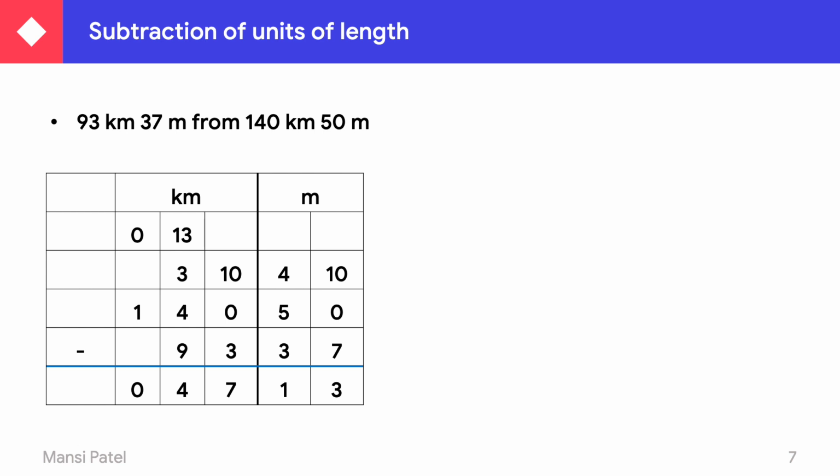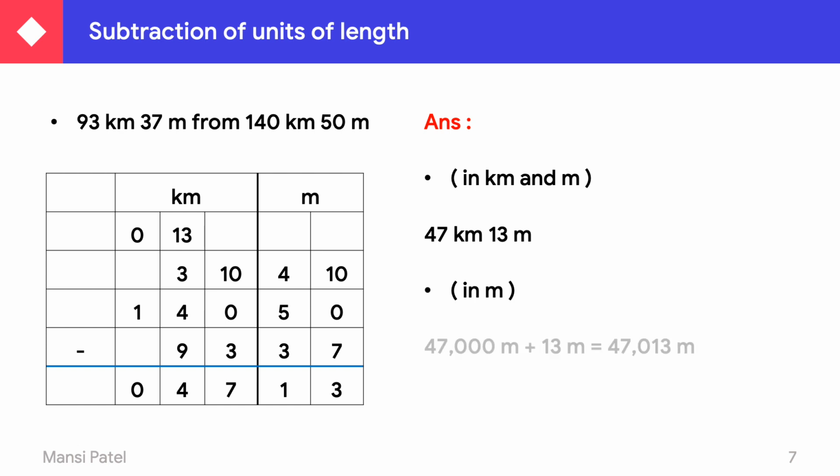And 0 minus 0, 0. So we can say our answer in kilometer and meter is 47 kilometer 13 meter. And if we want to write down our answer only in meter, then we convert this kilometer into meter. So it becomes 47,000 meter plus 13 meter. So it becomes 47,013 meter.